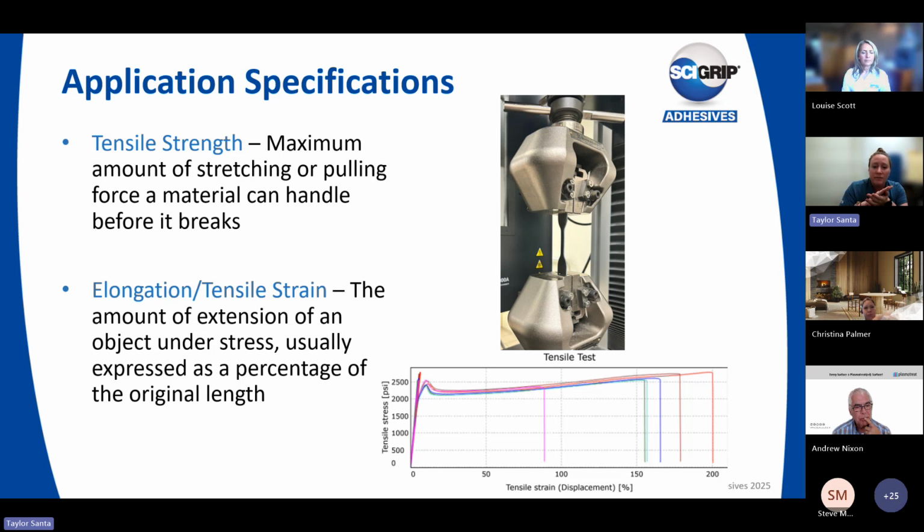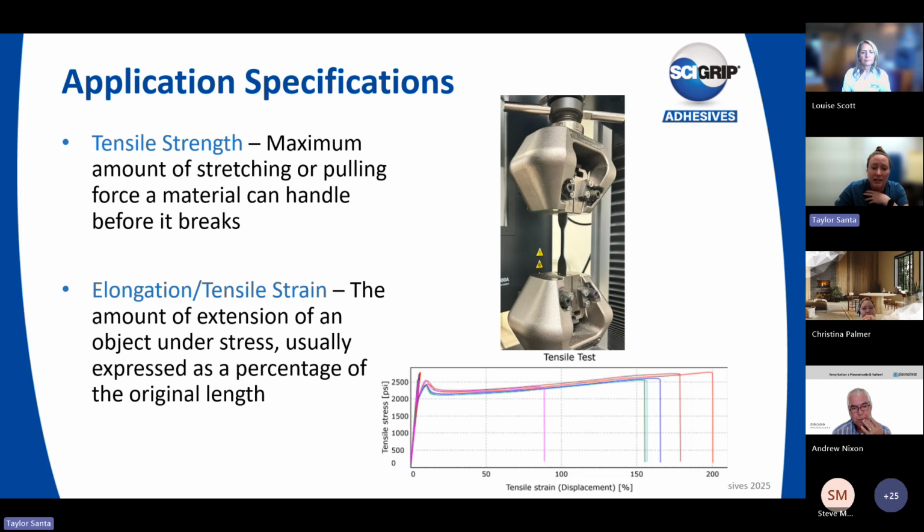So the material using the ASTM method is flattened to a certain thickness and cut out into little things called dog bones, which is what you can see here in the grips on the top photo. And then it is pulled apart. Tensile strain or elongation is often measured and reported at the same time as this tensile strength because you're measuring both at the same time.